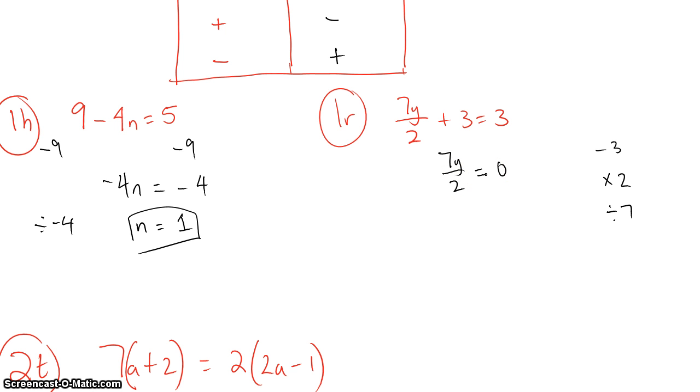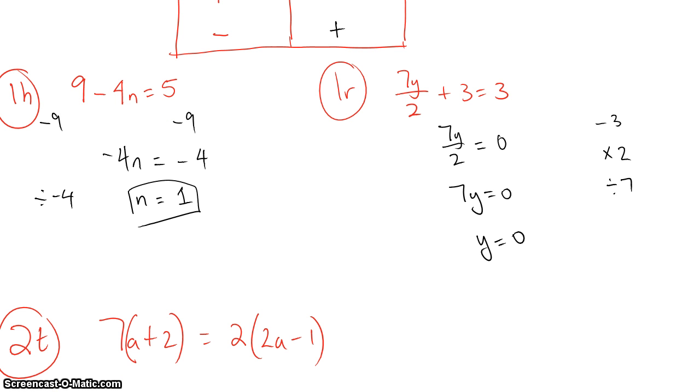Very fascinating. Then multiply both sides by 2, and I get 7y equals 0, and then divide both sides by 7, I get y equals 0. I should have seen that at the start, because 3 equals 3, and this thing has to therefore be 0. Well, there you go, a nice little tricky question for us.